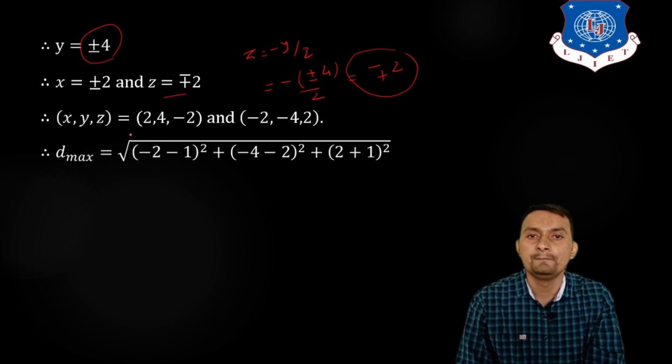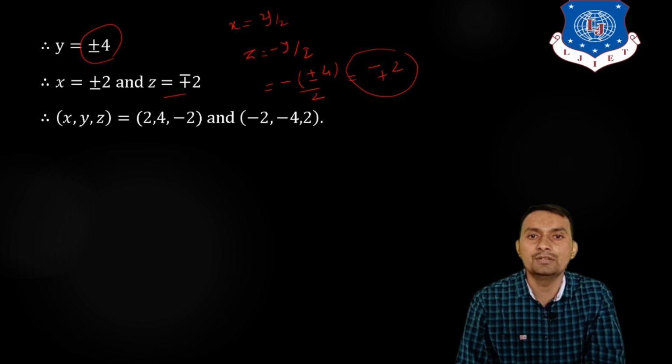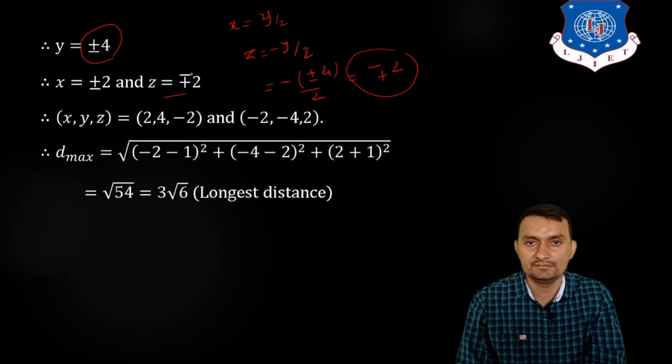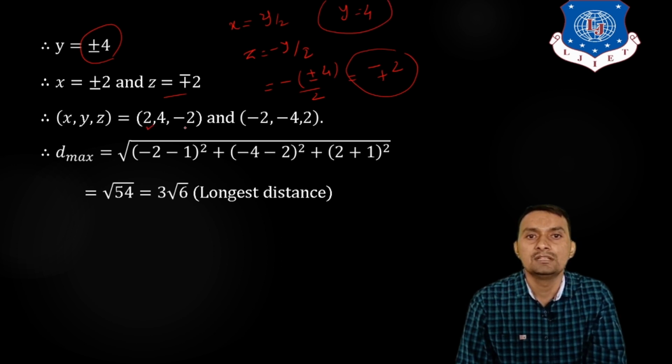it is written here. So our point will be, whenever I assume x is positive, x is equal to y by 2. So whenever I take y equal to 4, x will be 2.